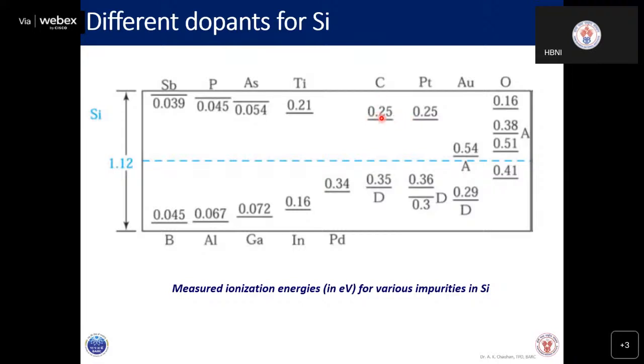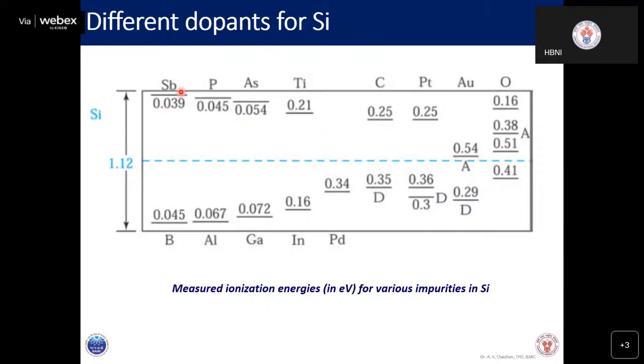So you have carbon, where it's nearly 0.25, platinum 0.25. These are the different materials. Gold, if you dope the same with gold, it will create a level which is very close to the mid of the band, and very close to the Fermi level.